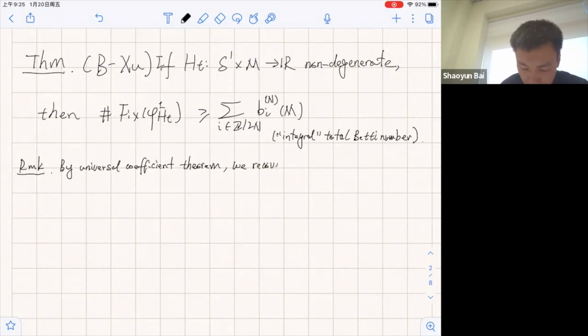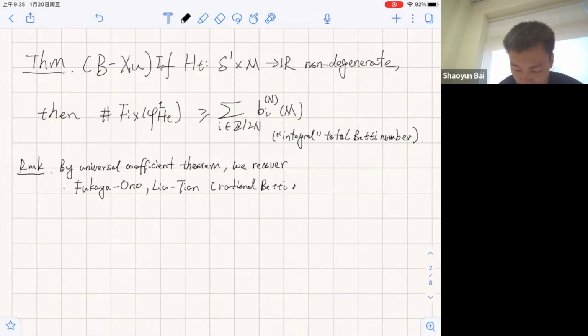We can recover results in the case where the ground field is Q, there's the work of Kaoru Ono and Fukaya, Tian Liu, and there are some other proofs. So the bound on the right-hand side of this inequality is given by the total rational Betti number. And if we look at fields with positive characteristic, we can recover the recent result of Abouzaid-Blumberg.